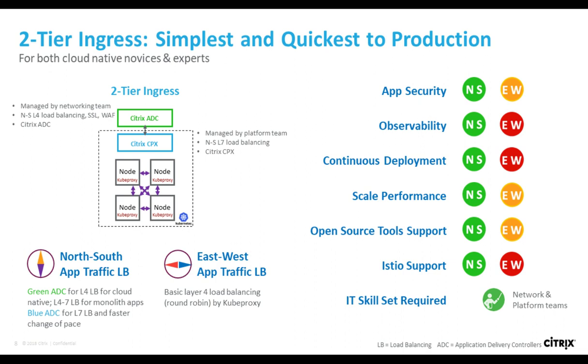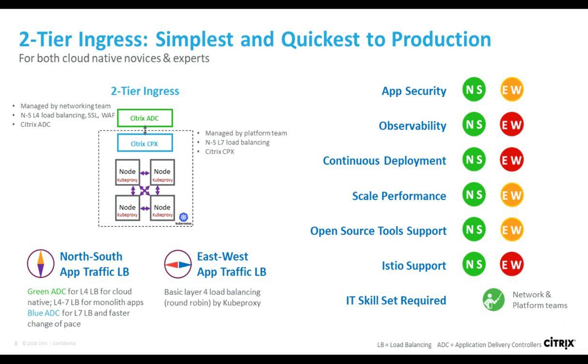We'll be using east-west and north-south traffic multiple times, and you have to evaluate your architecture on both traffic types. North-south is bringing the traffic into your Kubernetes clusters, and east-west is the traffic among your microservices.